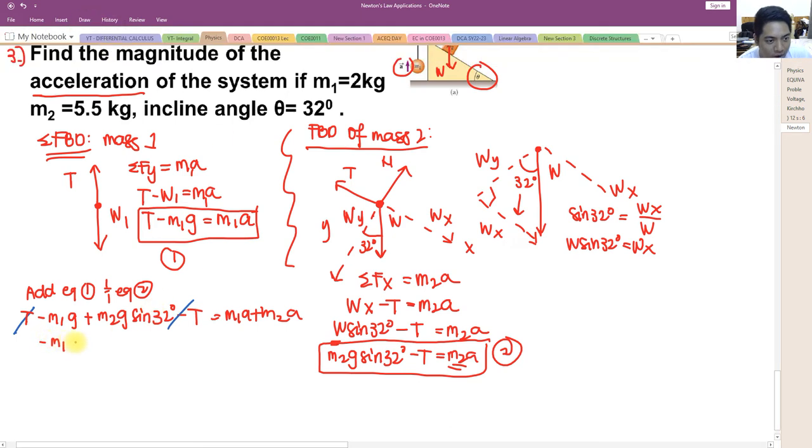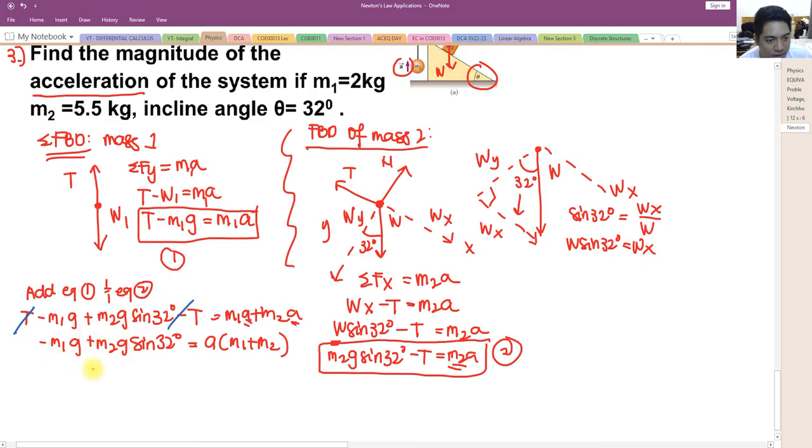So you have M1G plus M2G sine 32 degrees equals, we need to get the acceleration. So the acceleration is common. So factoring, we have a quantity M1 plus M2. So that's what we are trying to solve, the acceleration of the system. If you have this, what will happen?